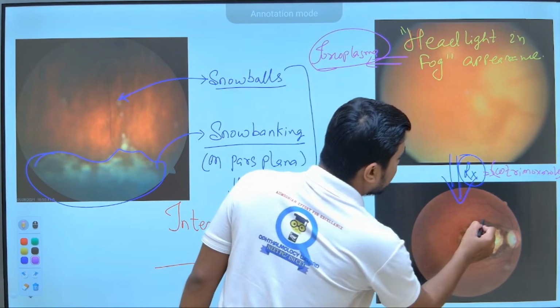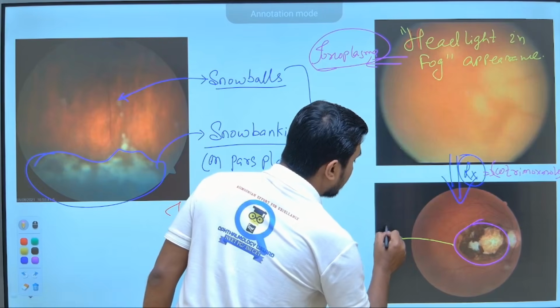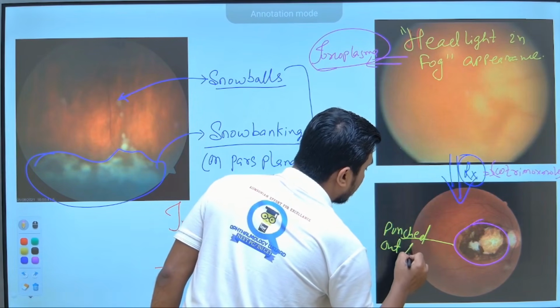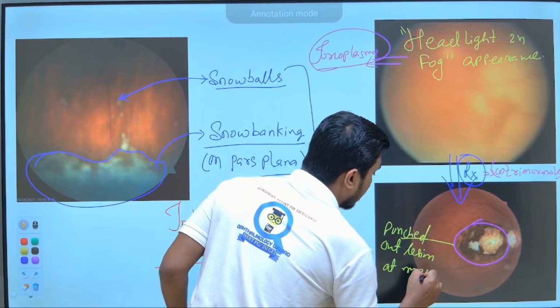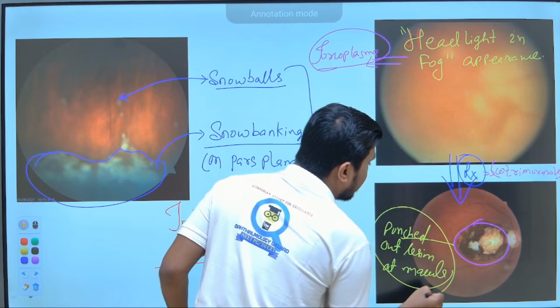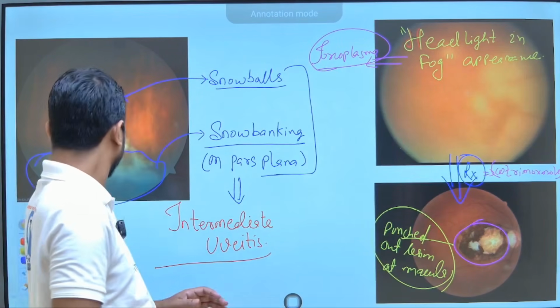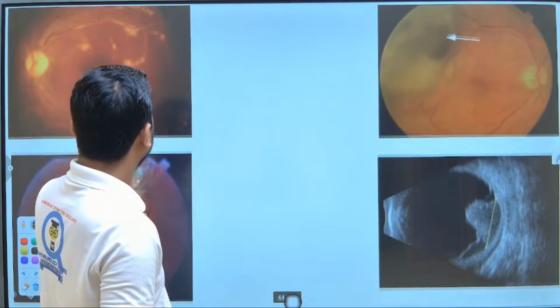What is this? This is the punched out lesion at the macula, and this is nothing but toxoplasma. Understood? Coming to the next image.